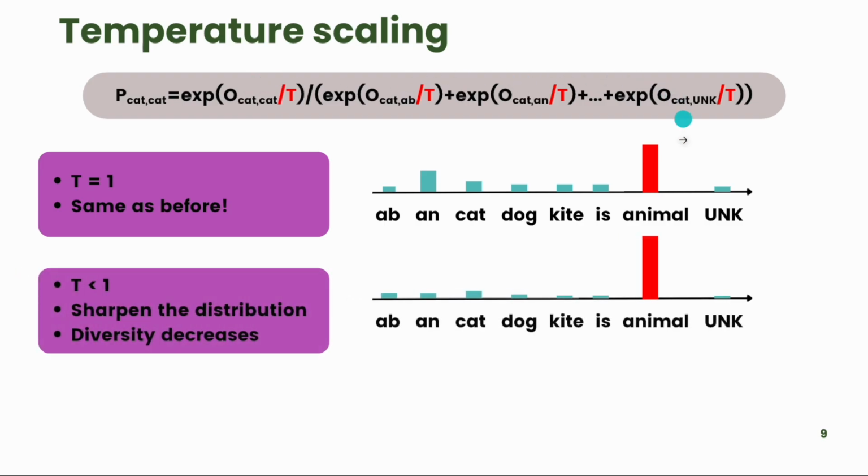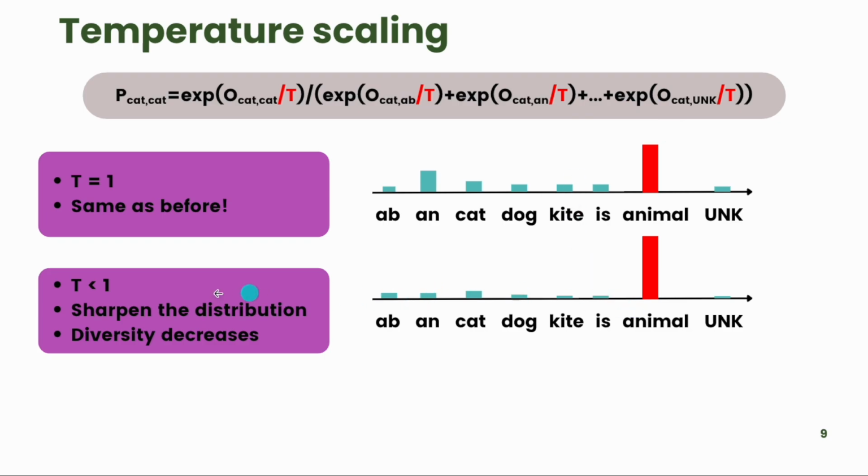Okay, so in this case, the probability for animal was large. This means O cat animal was large, and because t is smaller than 1, this increased the value of O cat animal further. This indeed resulted in a higher probability for animal in this case, and all the other probabilities then reduce in response because the sum needs to be 1.